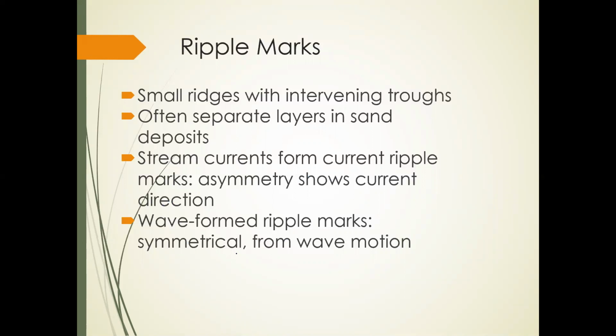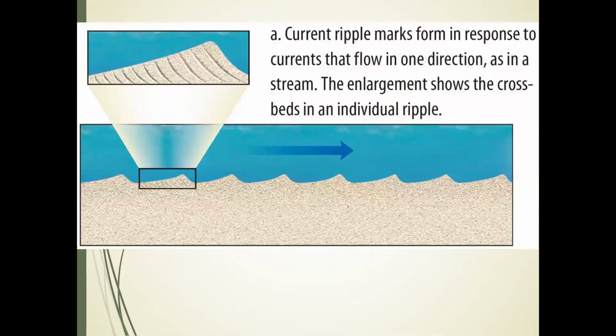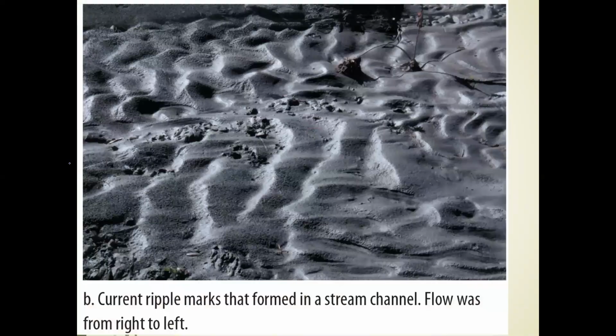Wave-formed ripple marks can be symmetrical from wave motion. So like this, ripple marks will form. Here's the direction of the current. So these are the ripple marks indicating the flow has been in one direction. Flow is from the right to the left here, so this way.